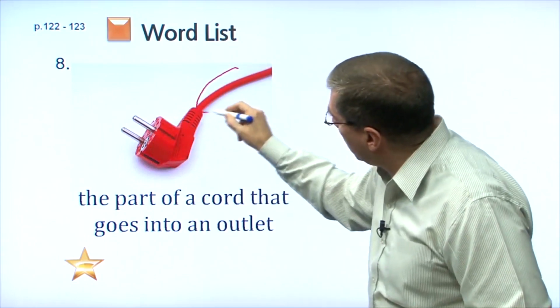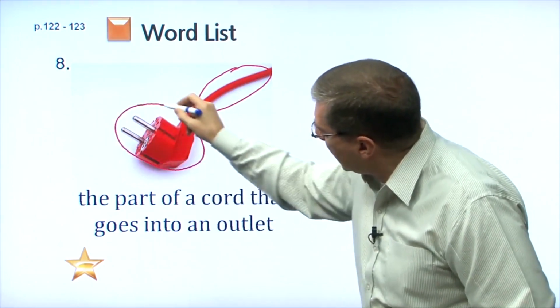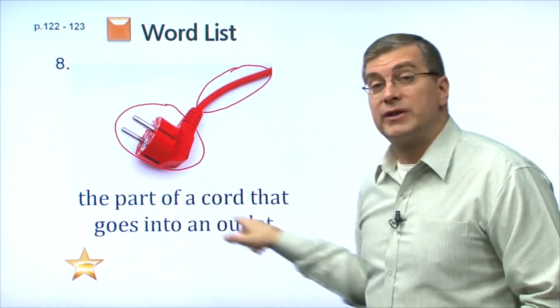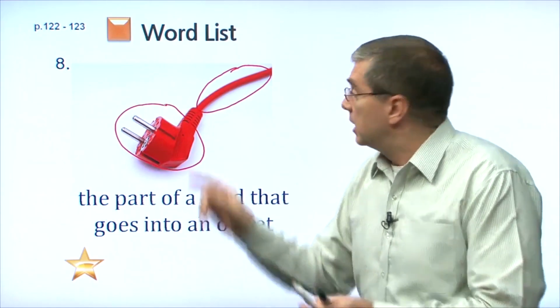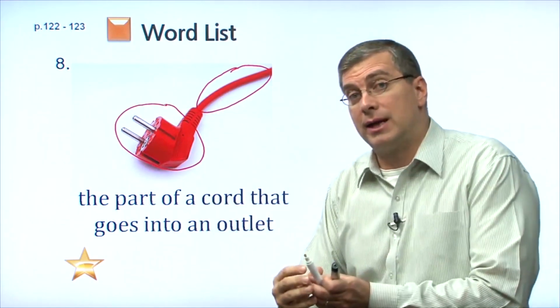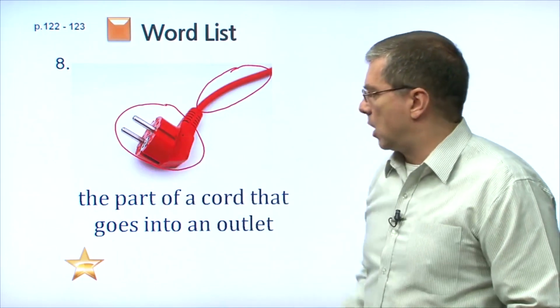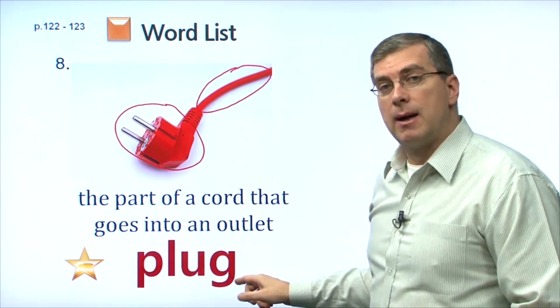This is the cord part here. What is this part? What is that? This is the part of a cord that goes into an outlet, right? You have to connect your cord to your outlet to get the electricity out. What do we call this part? We call this part a plug.